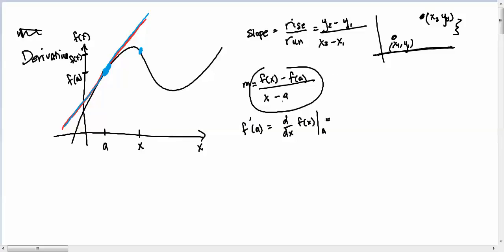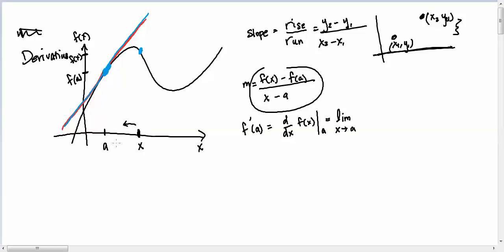So what I'm going to do, and this is where the calculus comes in, is take the limit as x goes to a. What that's saying is, let x get closer and closer and closer to a.